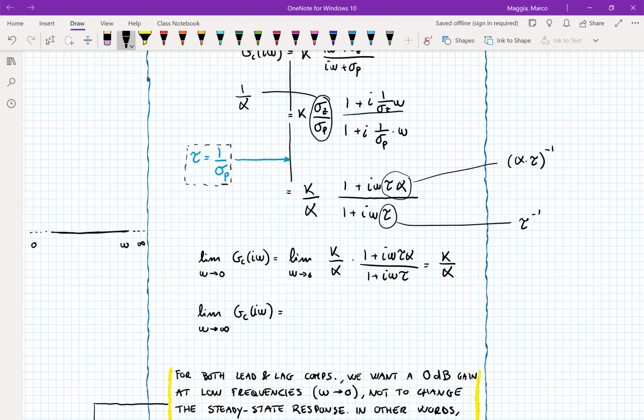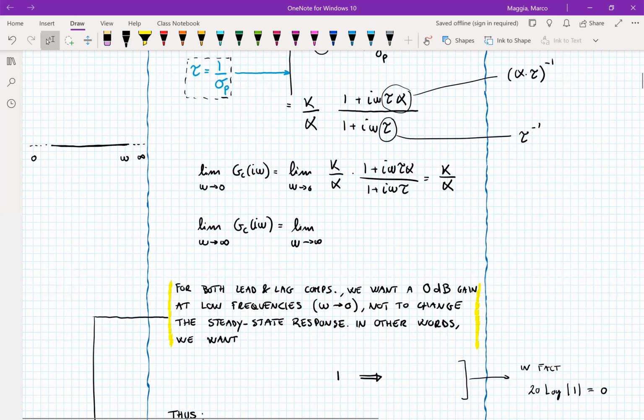For very high frequencies instead, what I want to do is collect omega on both the numerator and the denominator, so I can rewrite things as follows: 1 over omega plus i tau alpha, and at the denominator 1 over omega plus i tau.